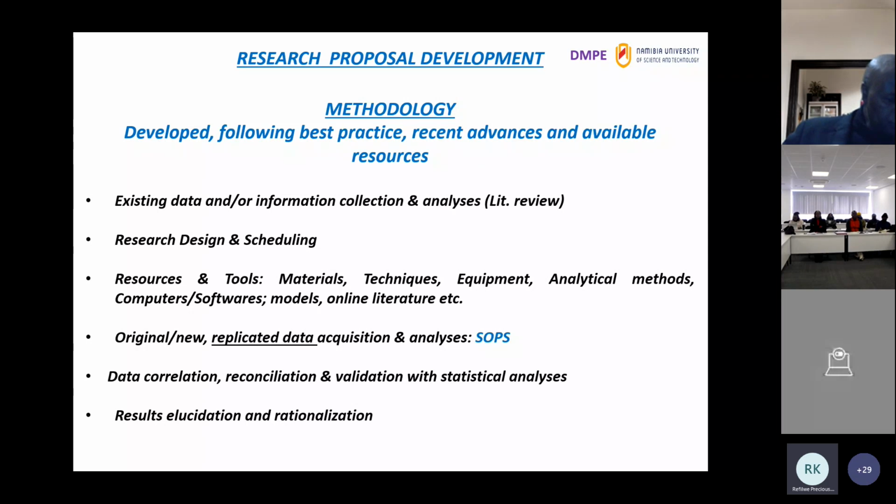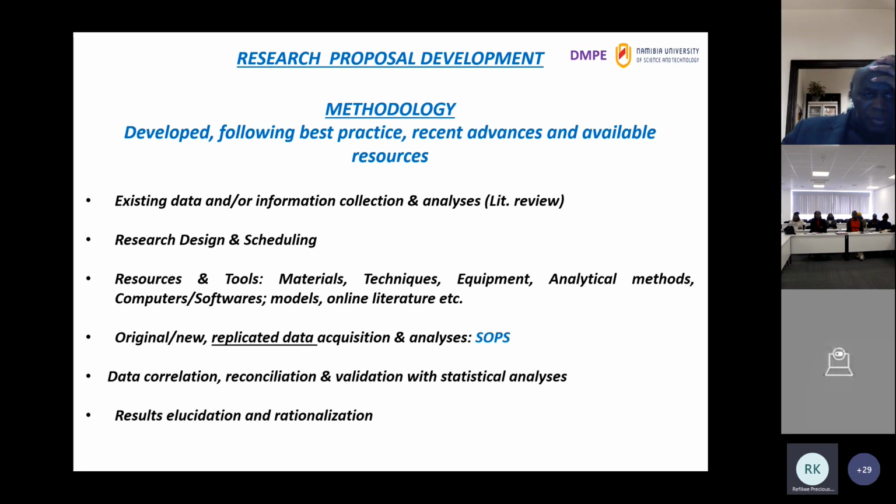And if you follow the literature, you can develop the best practice for doing your work by benchmarking with those who have published in that topic area before you.